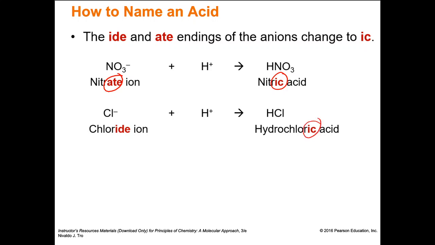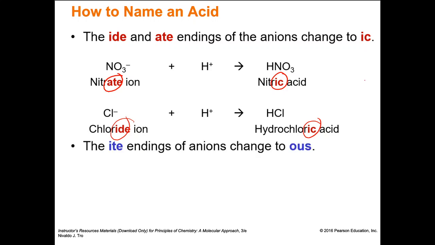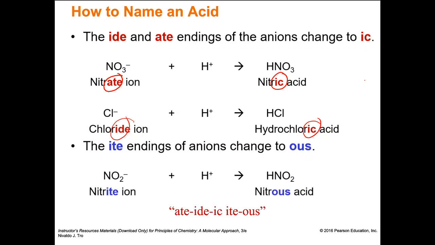Both "-ide" and "-ate" change to "-ic." And if we have "-ite" instead, like nitrite, that gets changed to "-us." So "-ide" and "-ate" to "-ic," "-ite" to "-us." Nitrite becomes nitrous acid.